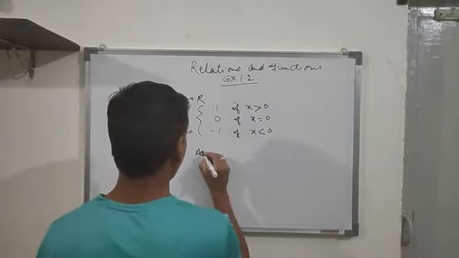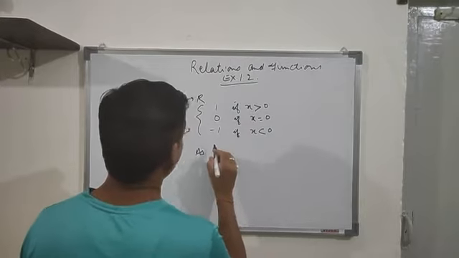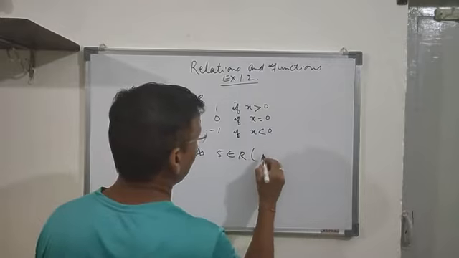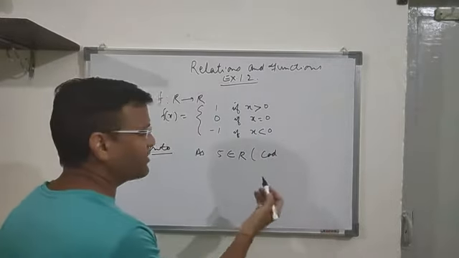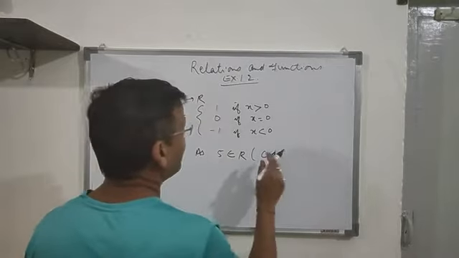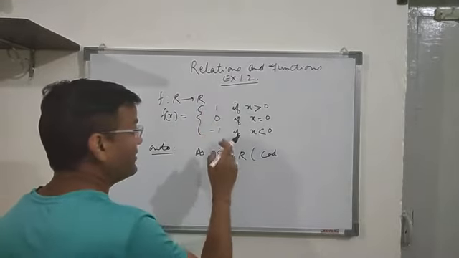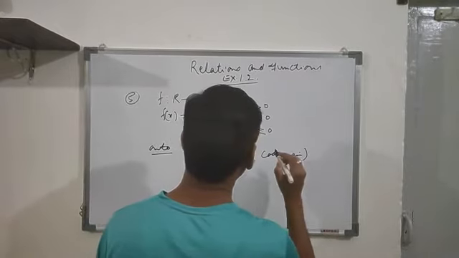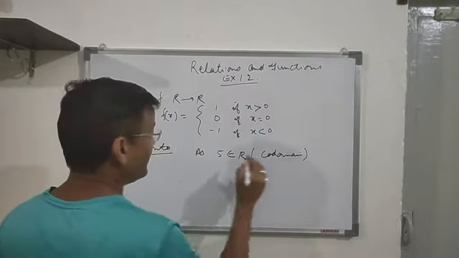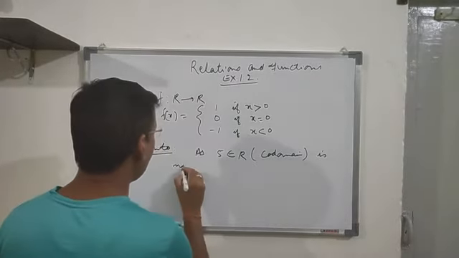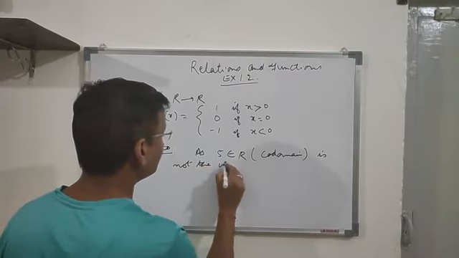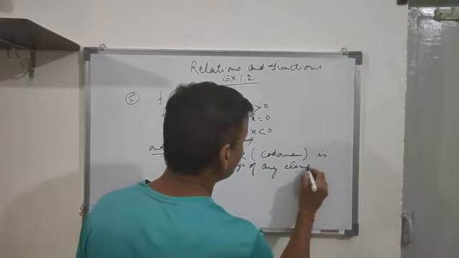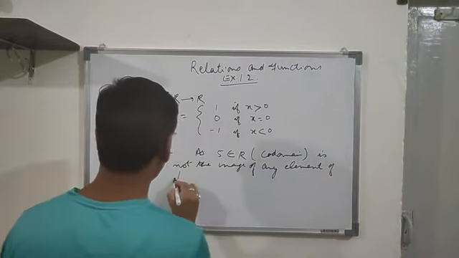As you can give an example, 5 belongs to R, you can write it here, codomain. One simple example is sufficient. 5 is an element of R, you can take any number which is not here. 5 belongs to R in the codomain. 5 is not the image of any element of the domain.